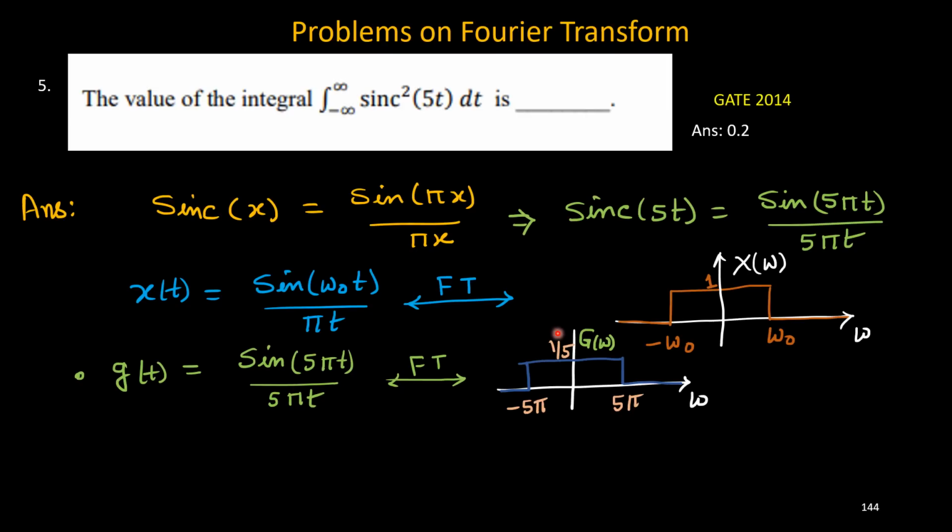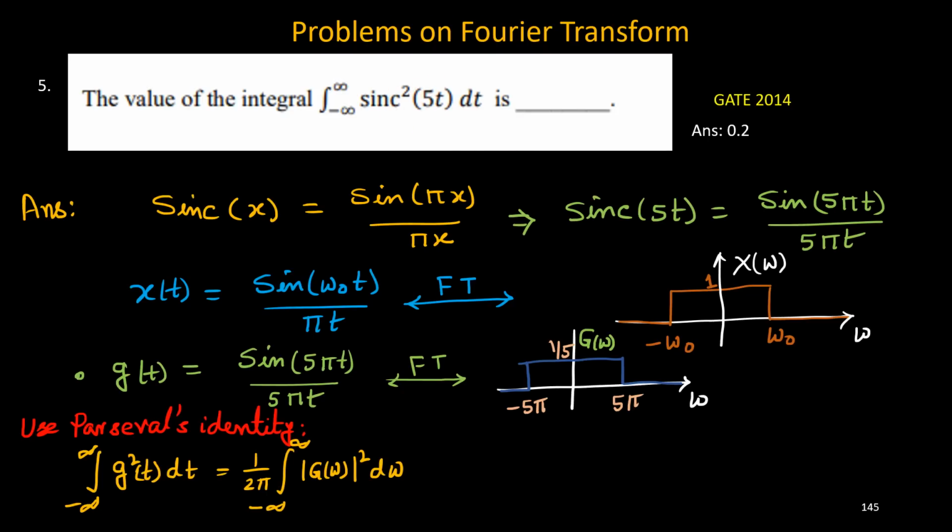Right? Now, this signal, what I need to do? The integral of g squared t dt. Now I'll use Parseval's theorem. So the integral from minus infinity to infinity of g squared t dt, the energy of the signal, I can compute from the spectrum. I need to integrate mod of G(omega) squared d omega with scaling factor 1 upon 2 pi.